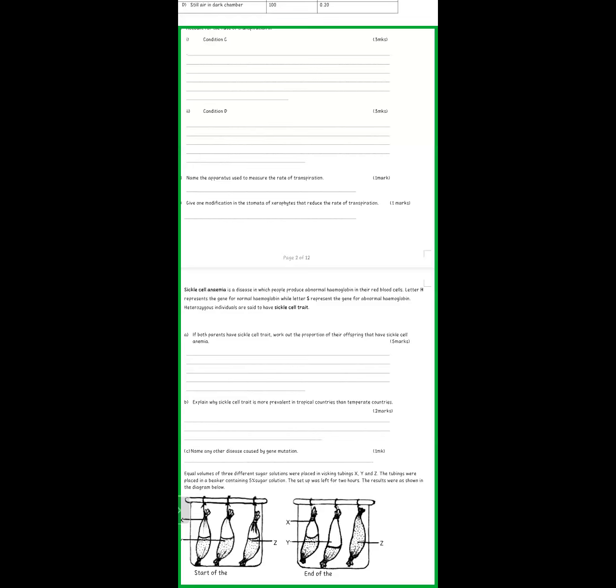Heterozygous individuals are said to have sickle cell trait. Question A. If both parents have sickle cell trait, work out the proportion of their offsprings that have sickle cell anemia.